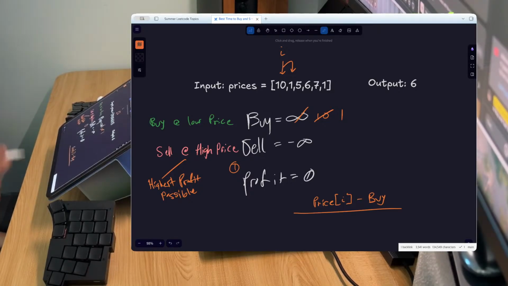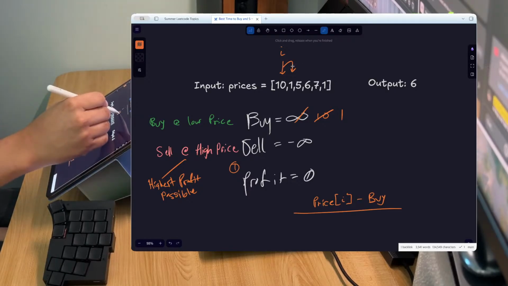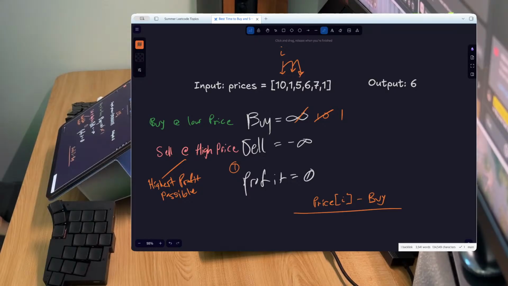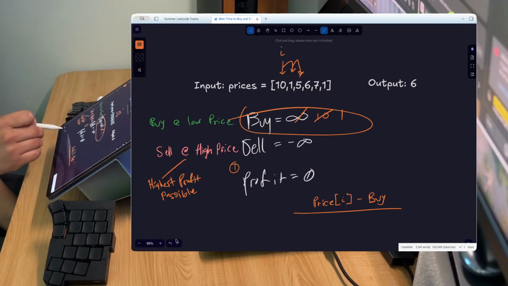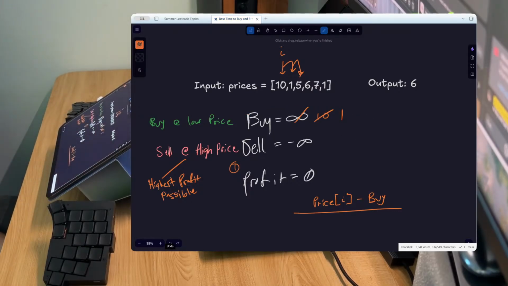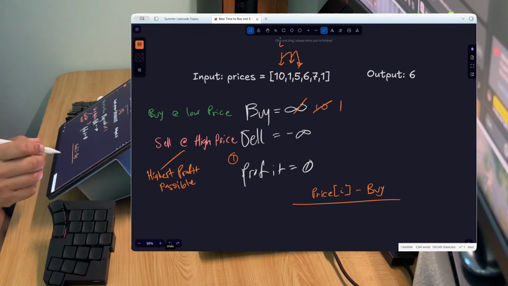Okay. And so because buy was updated, we just continue. So now we're at 5. So this condition does not get updated. Buy stays at 1. So we have to then calculate the profit.